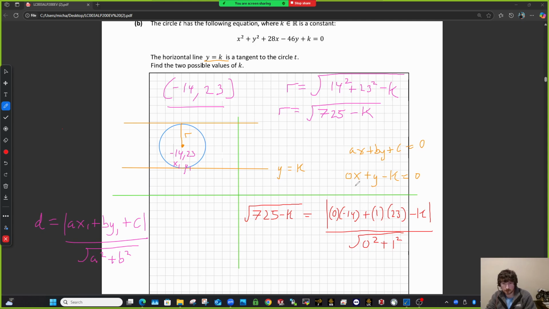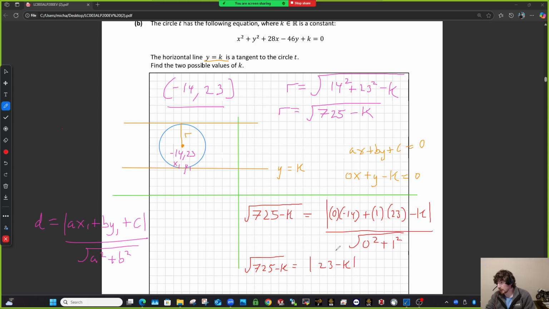Yep, I subbed that in correctly. So what you want to do then is tidy that up. So root 725 minus k equals the modulus of 23 minus k, and then there's just a 1 on the bottom.